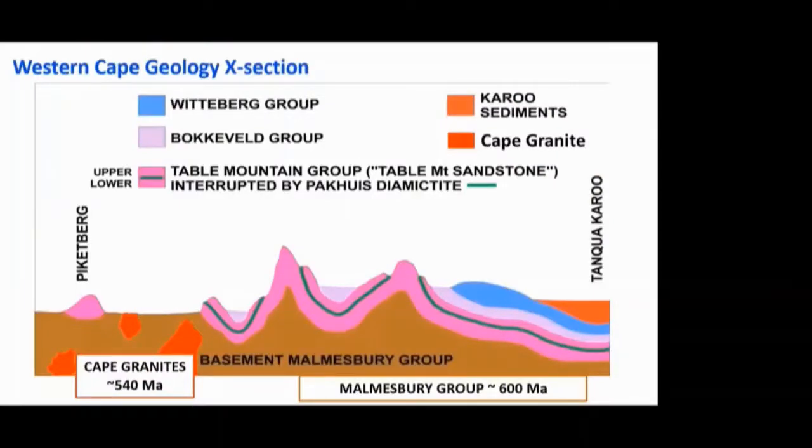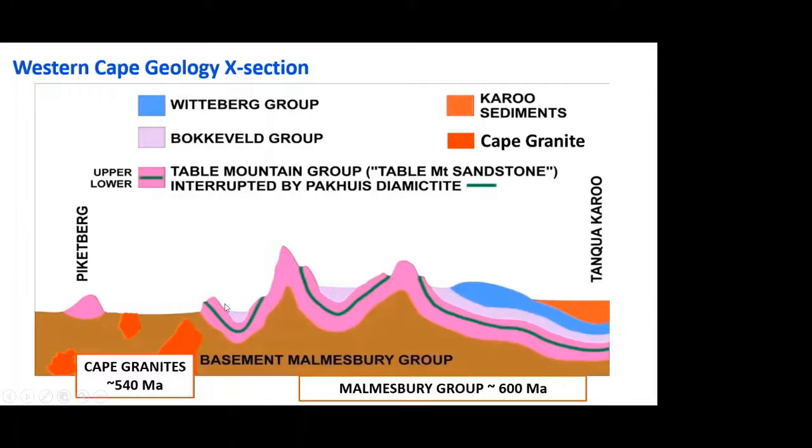Okay, so we're going to start off with how it was formed. This is a generalized section through the Cape. It shows the basement Malmesbury Group. It shows the granites, the Cape granites that were intruded into that.